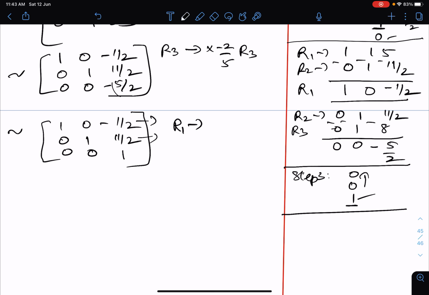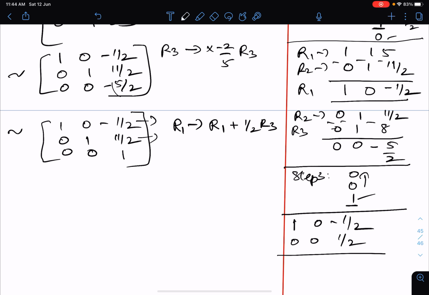So R1 you are going to do it as R1 plus 1 by 2 R3, because these are of opposite sign. So taking R1, 1, 0, minus 1 by 2 and what is 1 by 2 R3? 0, 0, 1 by 2. So adding directly you get 1, 0, and this is going to get cancelled, 0. So our equivalent matrix is going to be 1, 0, 0.